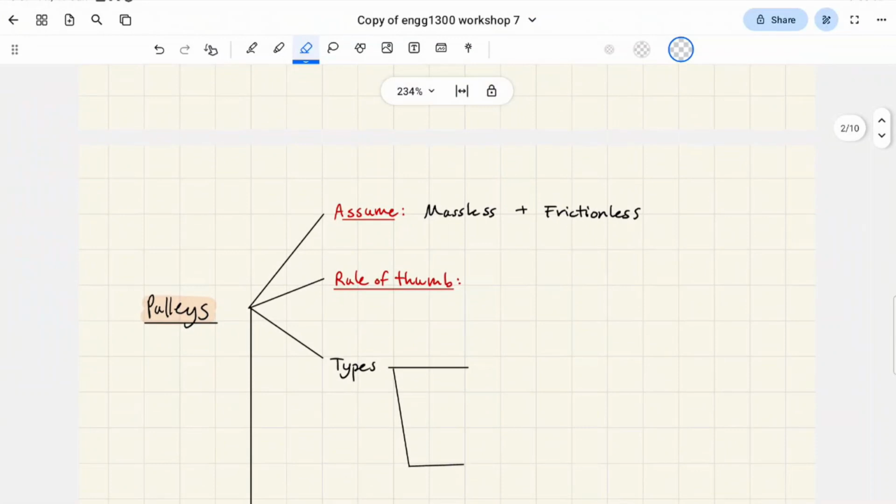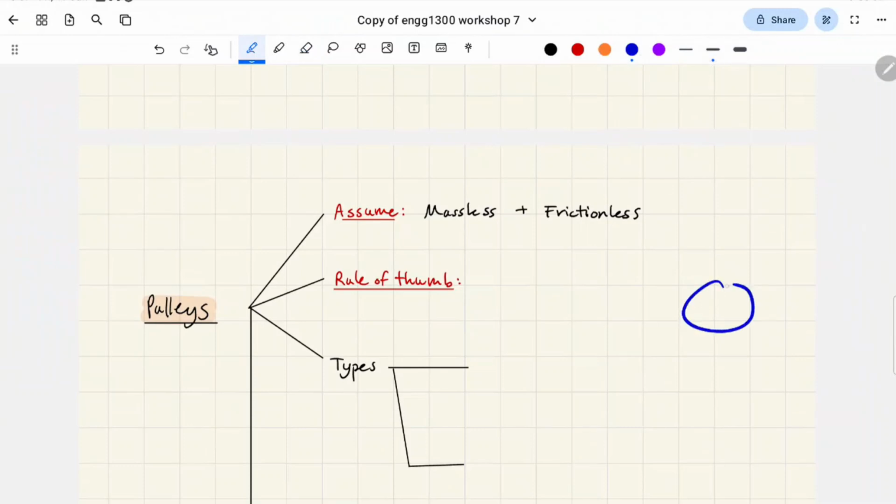So pulleys is something that's been in the course since pretty much the first lesson. They're like these things. I'll just roughly draw it. They look kind of like that, right? And there's rope attached to them, and it's something that we've talked about, but we haven't really explained fully.